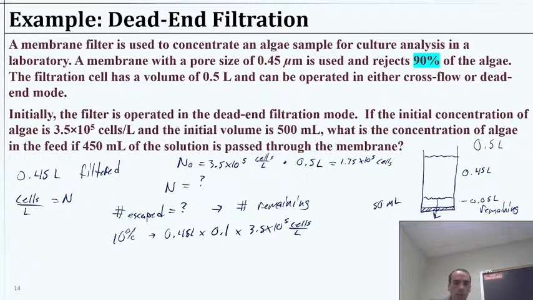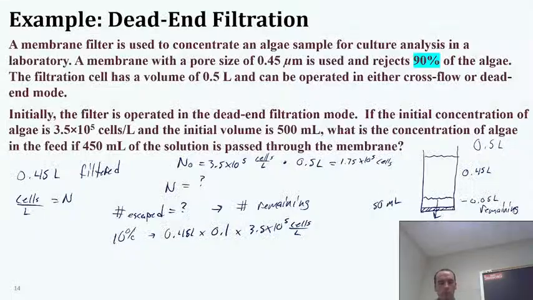I'm just going to get a calculator real quick. So 0.45 times 35,000. So 15,750.